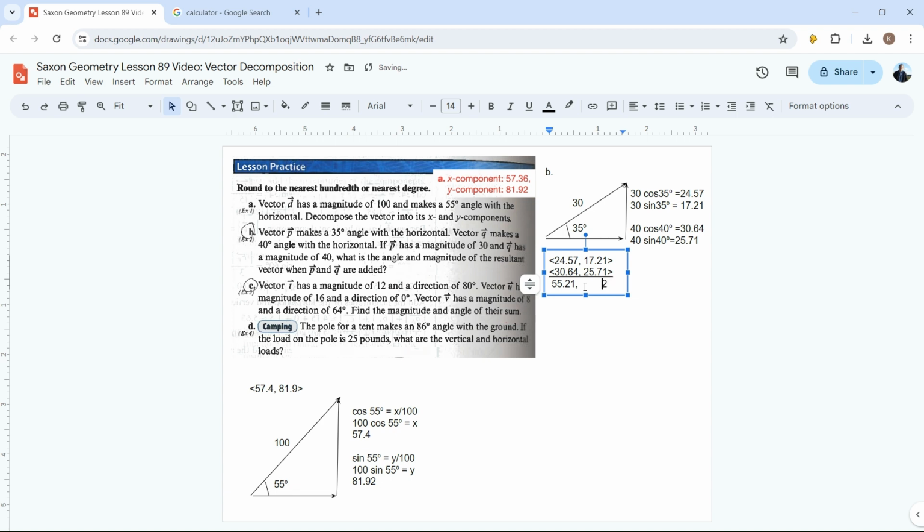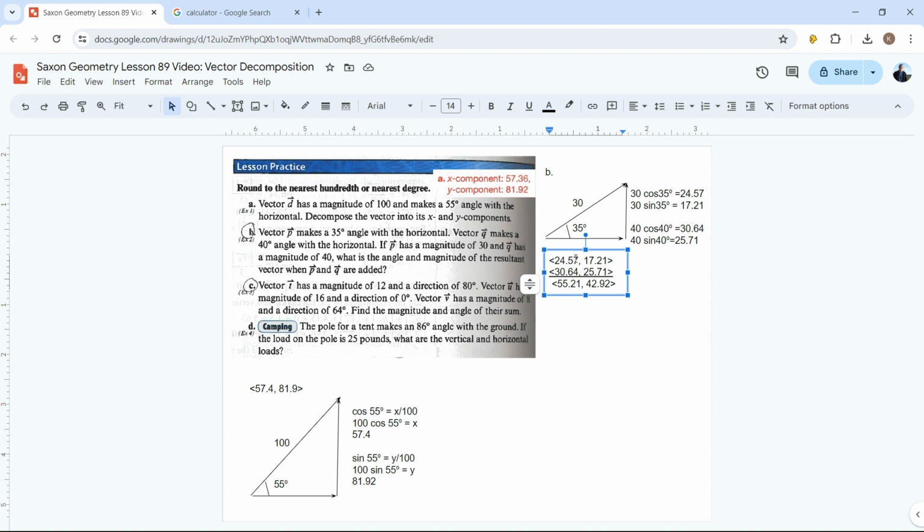Just 2, I have nothing to carry. 9, nothing to carry. Bring down my decimal point. 7 plus 5 is 12. We carry the 1. And then 2 plus 1 plus 1 is 4. So the resultant of these two vectors added together breaks down into 55.21, 42.92.